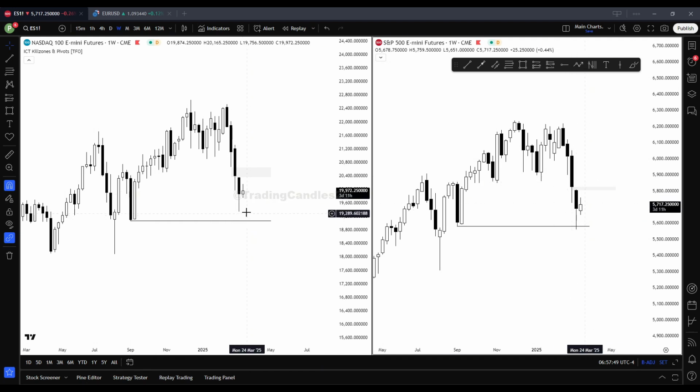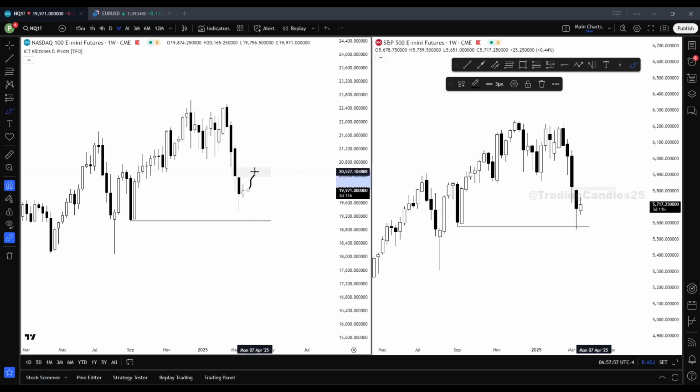Because of this divergence, I expect price to first of all retrace higher and test this weekly FVG and this weekly volume imbalance both on NQ and ES. And once it fills this fair value gap or tests it, I then expect price to continue pushing lower towards the main drawn liquidity, which is this low and then eventually these lows.